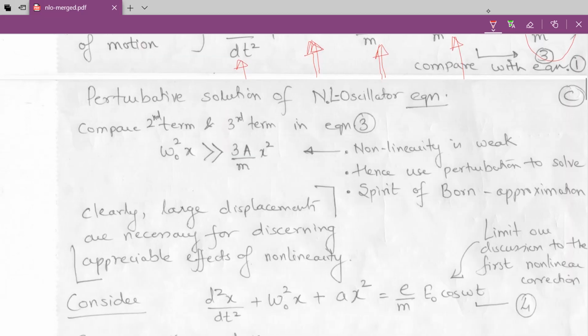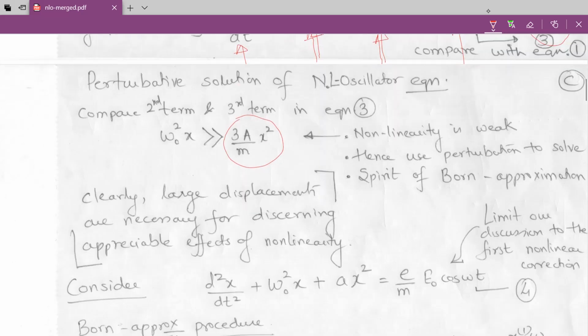Clearly, if I want to implement a perturbative solution, my nonlinear term better be small in comparison to the linear term. Or rather, one is talking about displacements which you can arrive at from this, such that these are smaller than a particular combination. That is, it is smaller than m omega naught square by 3a. So that is the kind of regime that one is talking about.